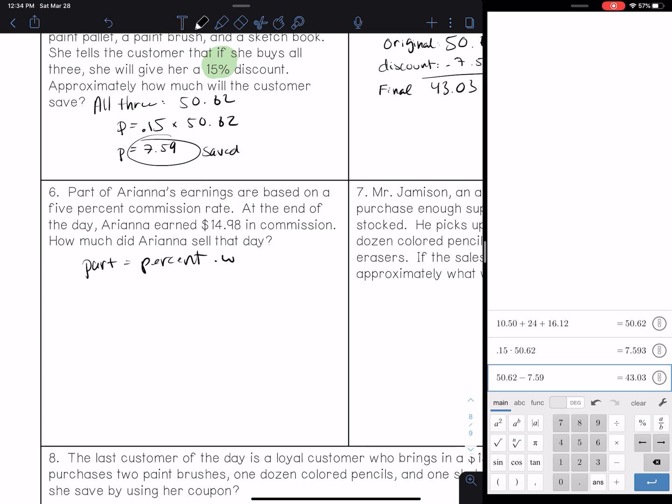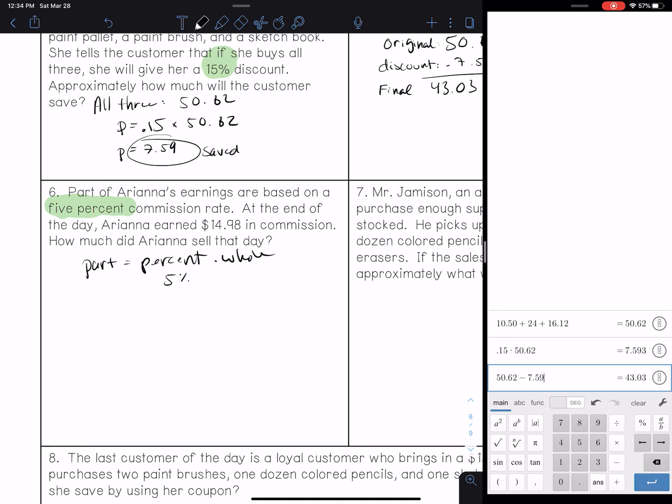Now, what did they give us? Well, they gave us a 5% commission, right? At the end of the day, she earned $14.98 in commission. How much did she sell that day?